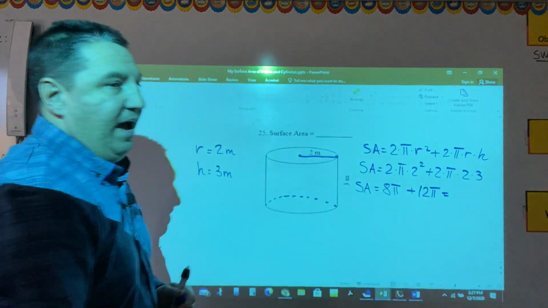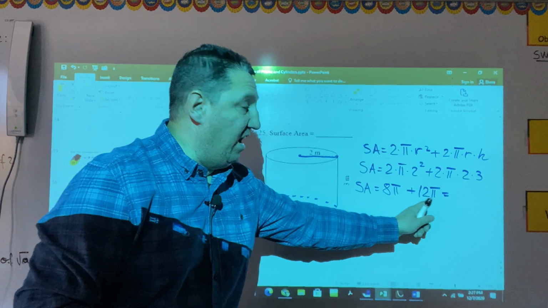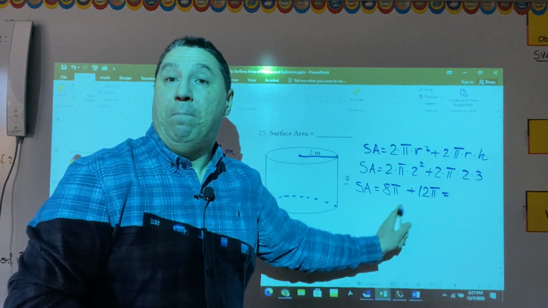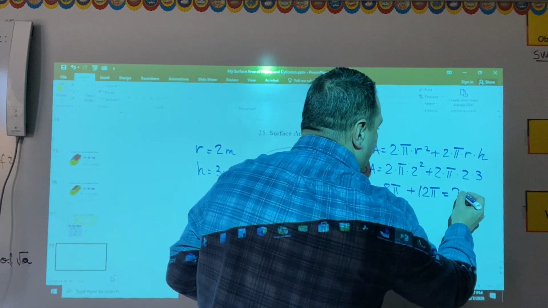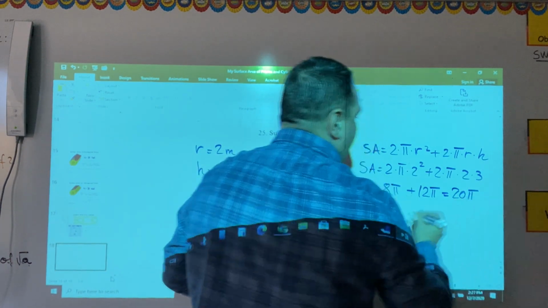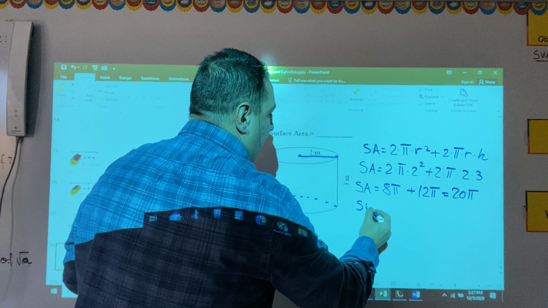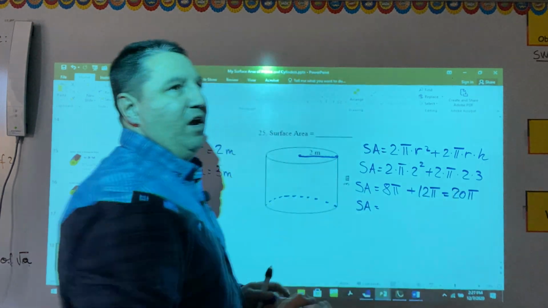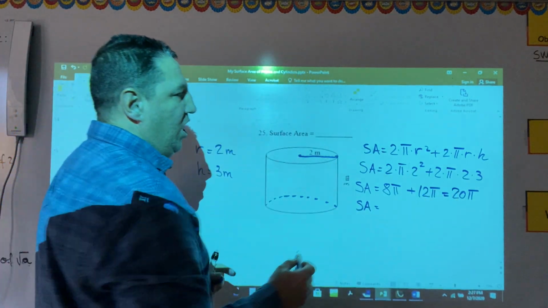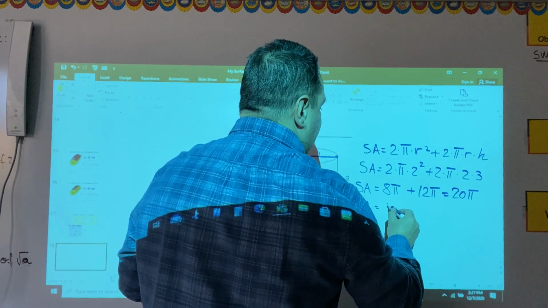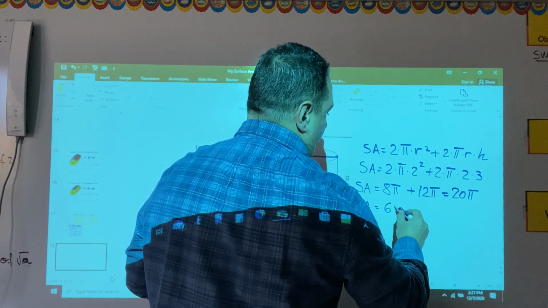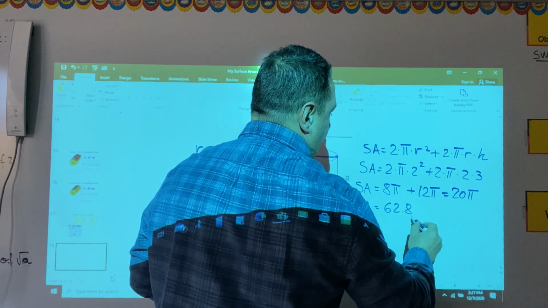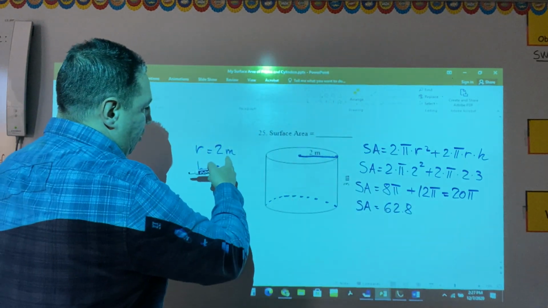Now we add these terms. They are like terms because both depend on pi. So you're going to have 20 pi, right? If we approximate pi with 3.14, you're going to have 62.8, and now square meters.